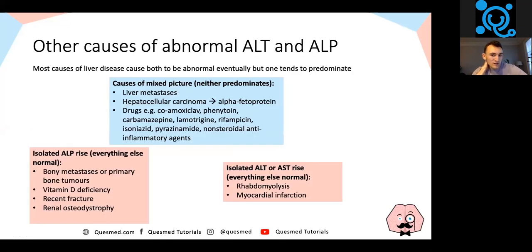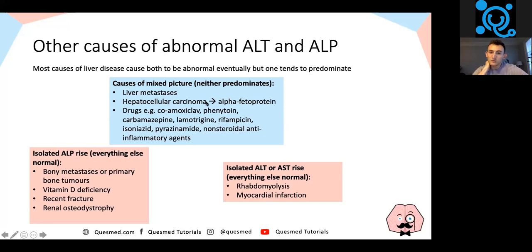So in terms of thinking about abnormal ALT and ALP, as I said, most causes of liver disease cause both to be abnormal, but one tends to predominate, so you often have a much higher ALT or a much higher ALP. But when neither predominates and you have a mixed picture, a couple of causes of that could be liver metastases, as we've previously mentioned.